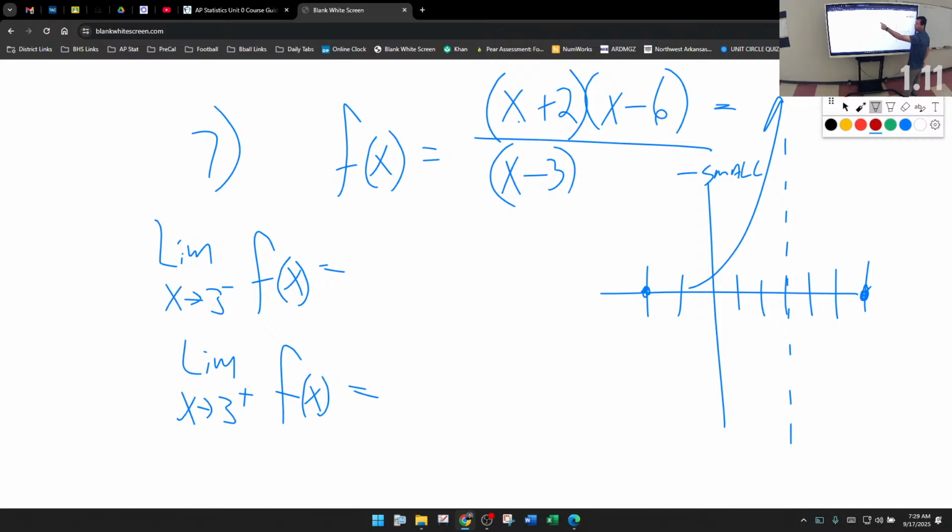But then this 3.001 is just going to be barely, barely positive, but it's a really, really small number. So we still have a negative on top, but now I have a positive on bottom. And a negative over a positive is always a negative, and it's really, really small on the bottom, which makes a really, really big number.